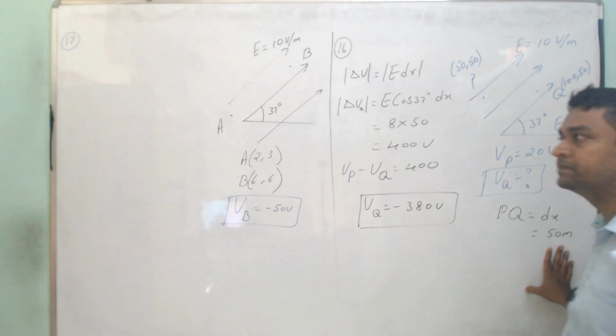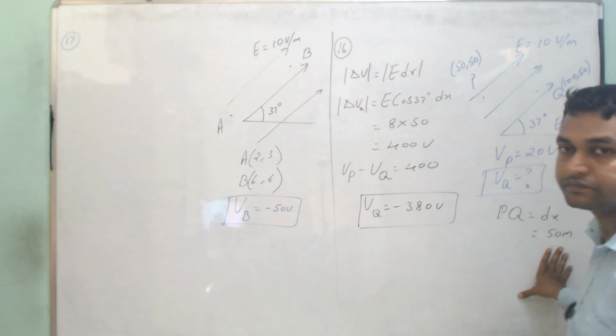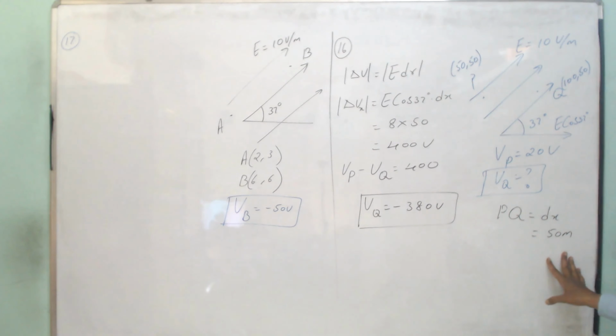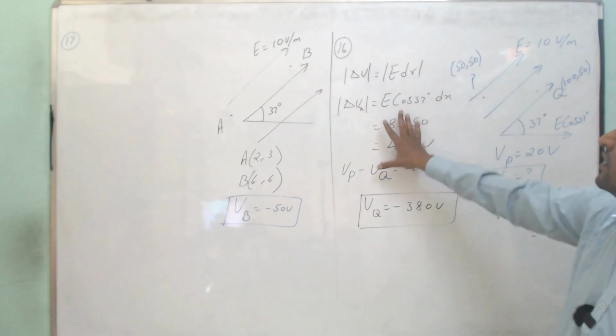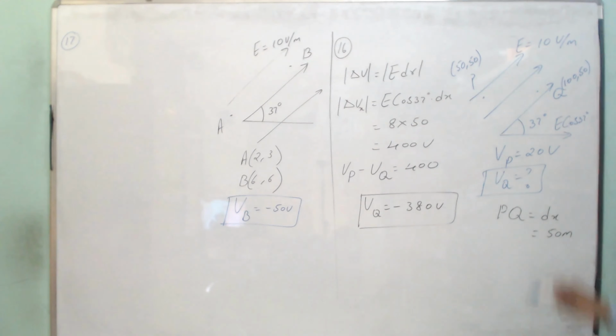Okay. Now, substituting everything over here, E cos 37 is nothing but electric field is 10, cos 37 is 4 by 5, so electric field is 8.